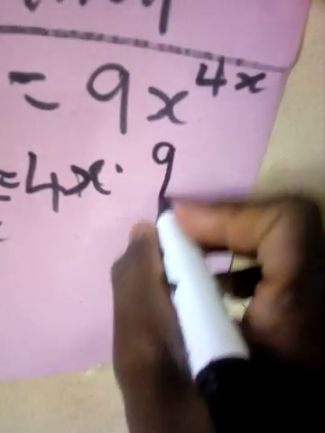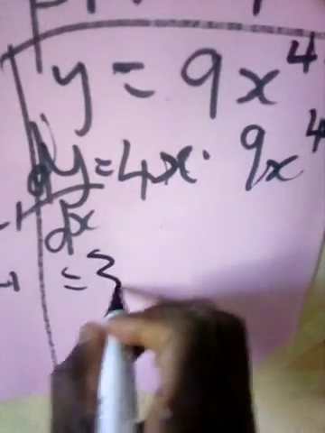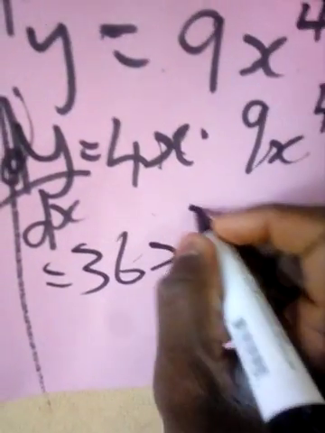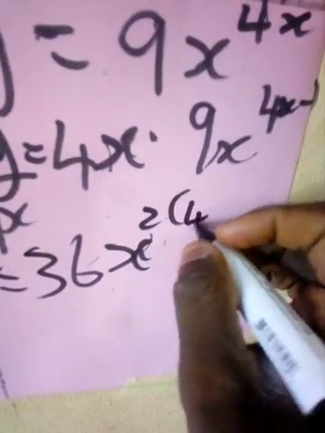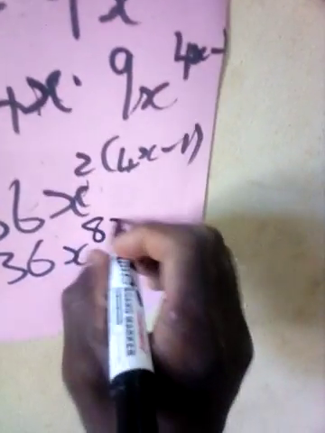So this is 9x to the 4x minus 1. So this gives me 4 times 9, 36, times x squared, open bracket, 4x minus 1, which is simply 36x. If I'm factorizing this out, it gives me 8x minus 2.